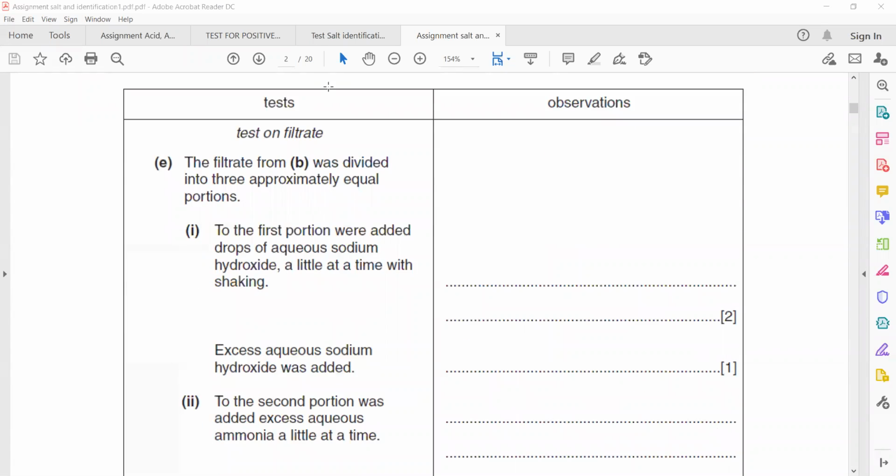Now we add an excess of sodium hydroxide. What is the observation? The first was a white precipitate. If we add an excess of aqueous sodium hydroxide, what is the observation?